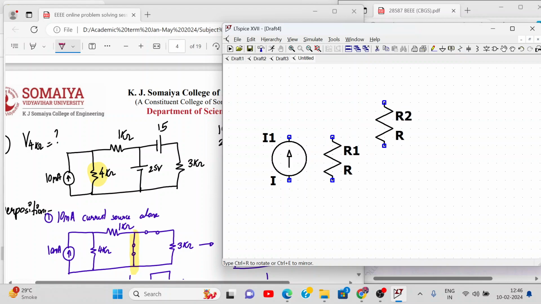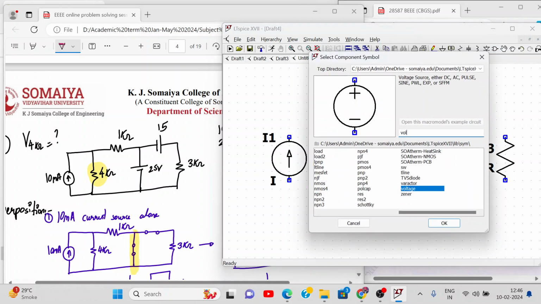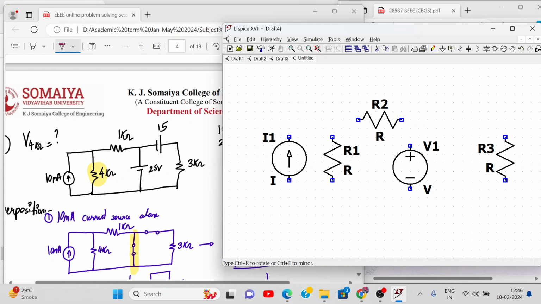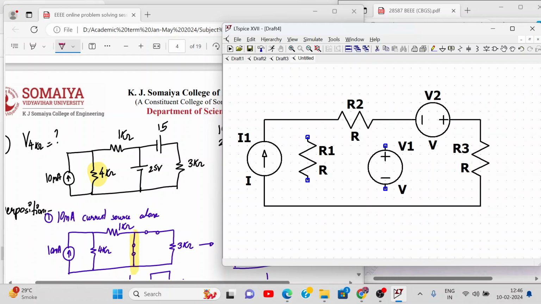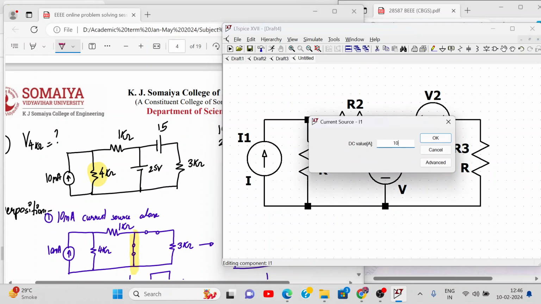So let me connect it quickly. Over here and one is over here. It will take me a minute to check the answer. Just wait. I want the voltage across the 4 kilo ohm resistance. This is 10 milli.